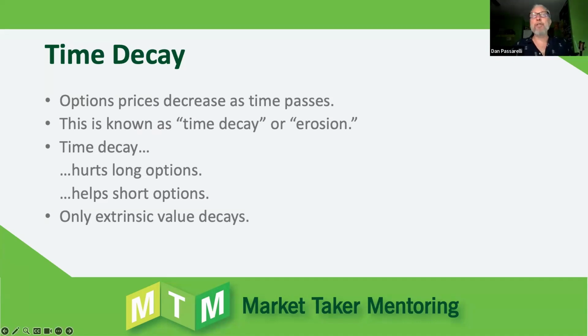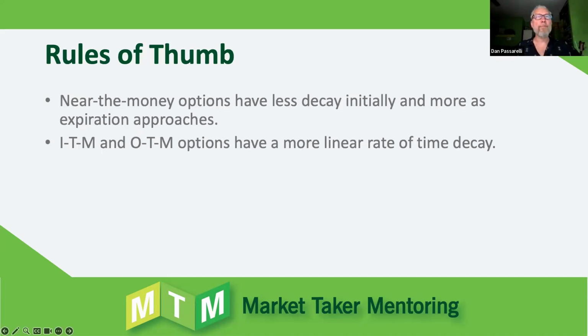Now, only extrinsic or time value decays. So if an option is in the money, the in the money component does not decay in value. Rules of thumb: near the money options have less decay initially and more as expiration approaches.